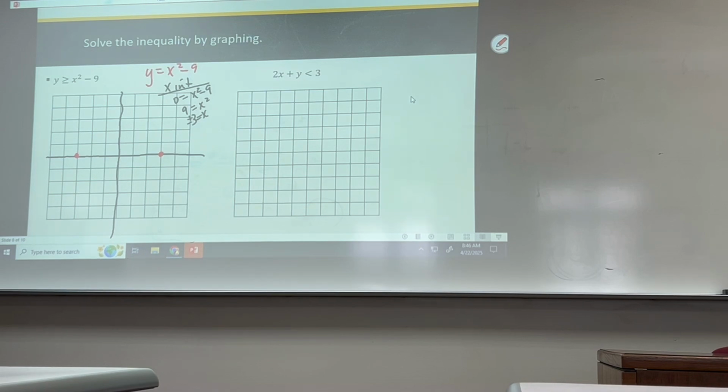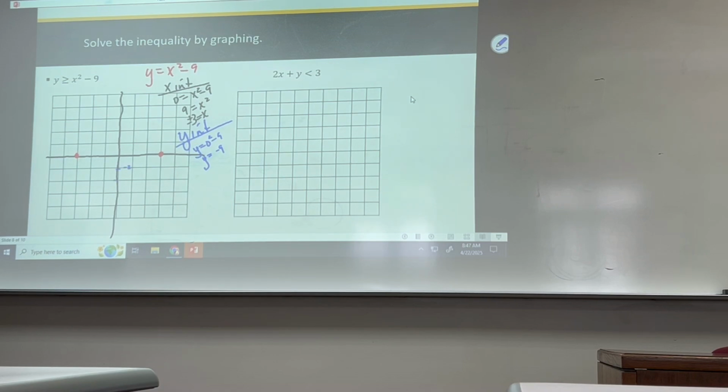Let's get the y-intercept. How do you find the y-intercept? Let's put a 0 in for the x, right? So if I put a 0 for the x, I have y equals 0 squared minus 9. So where's the y-intercept? Negative 9? I'm going to count by 2s because I don't have enough room for the y.